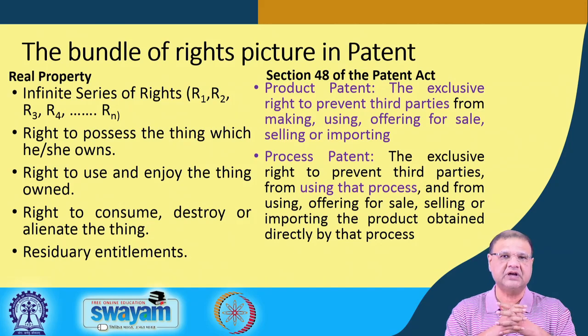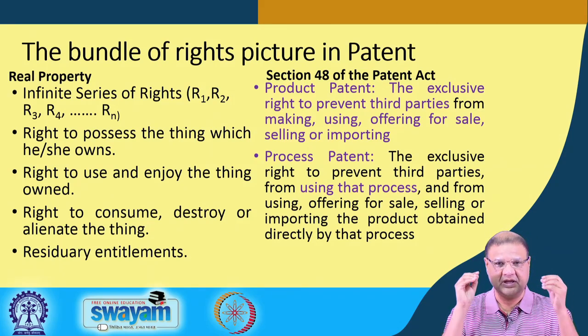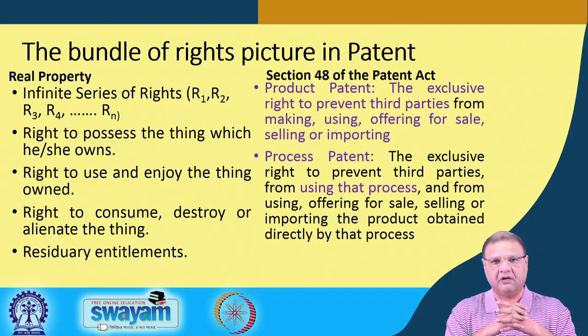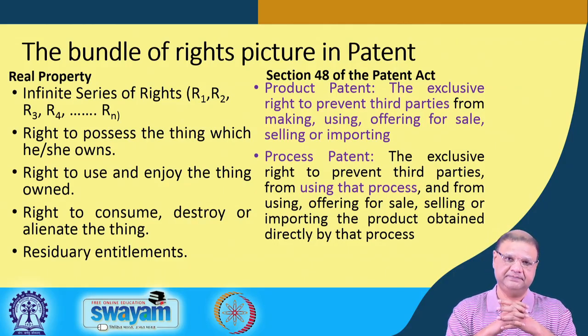Now, so far as product patent is concerned, read the line very carefully. It says that the exclusive right to prevent third parties from making, using, offering for sale or selling or importing the product in India.